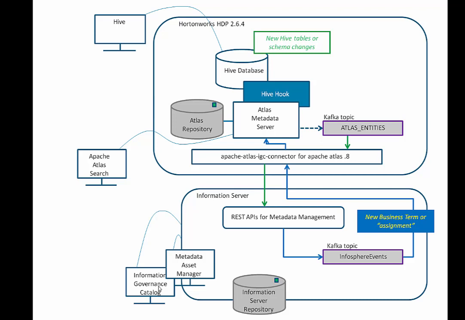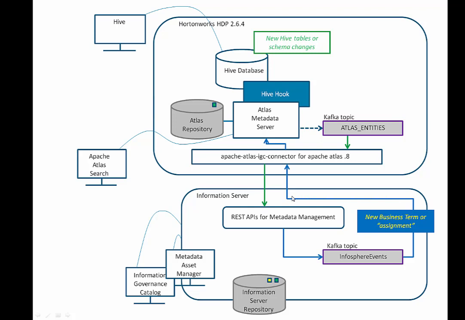And then while we're in the Information Governance Catalog, we will create a new business term. And when that business term is created, the same connector is going to be watching the notification topic that's available within Information Server. So the instant that that term is created or assigned, that event is recognized.